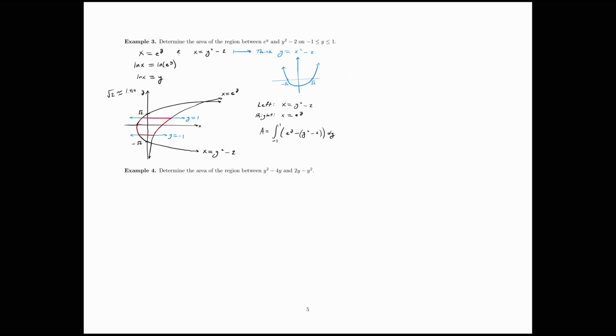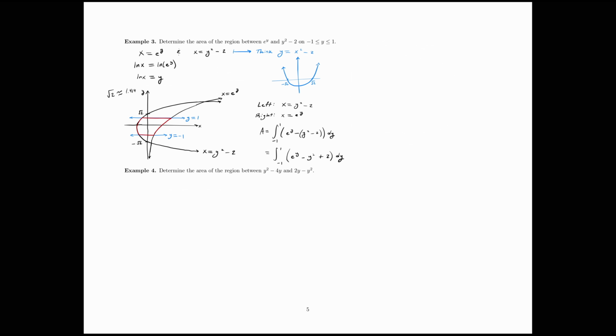So, let's go ahead and just simplify this a little bit. This is e to the y minus y squared plus 2 because of that double negative. And then we can integrate now.